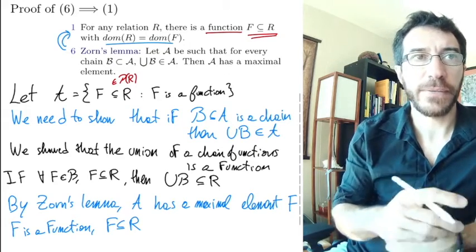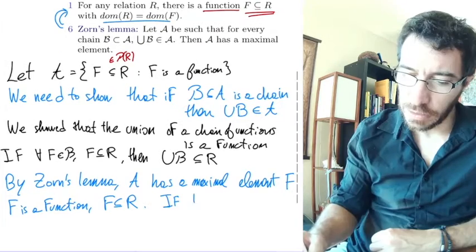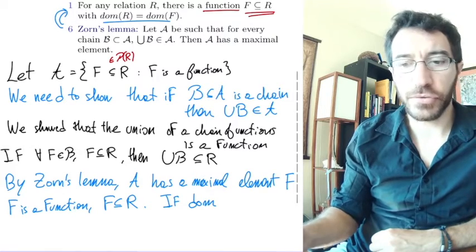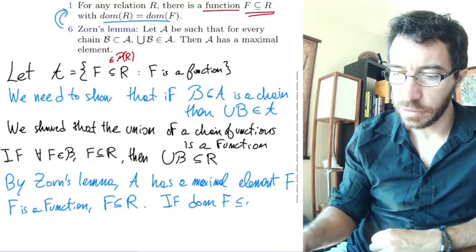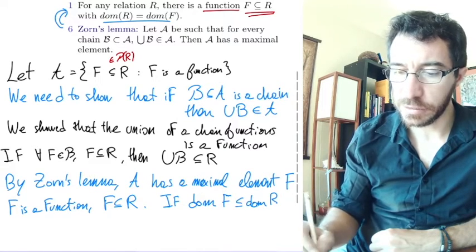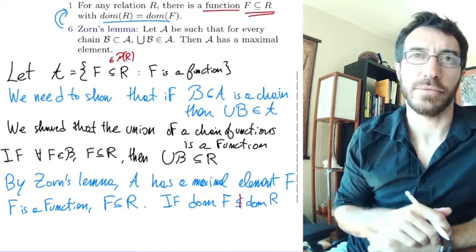And now the last thing we need to show is that the domain of F is the domain of R. How are we going to do that? If the domain of F was a proper subset of the domain of R, we could increase the function, right?